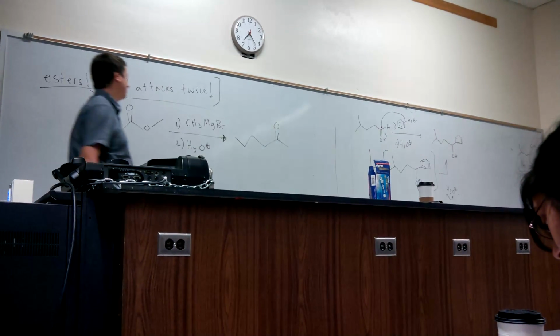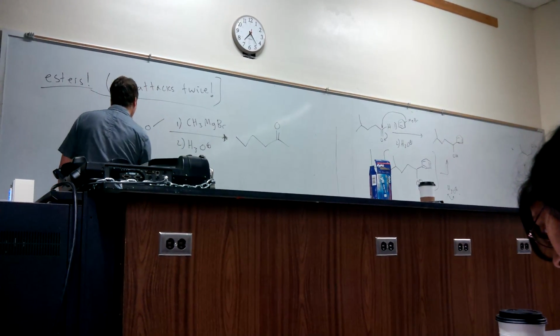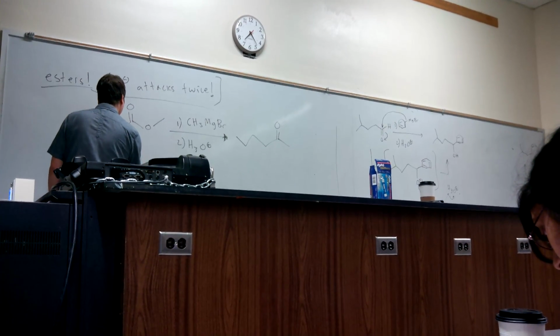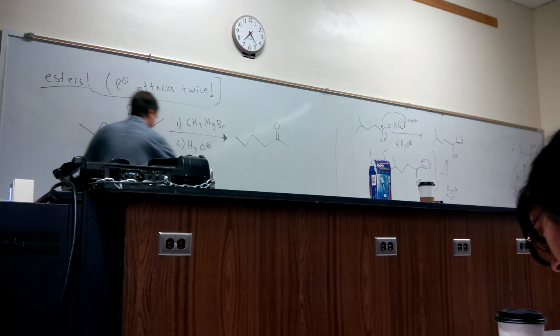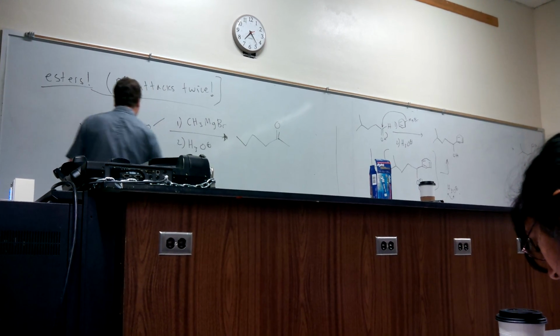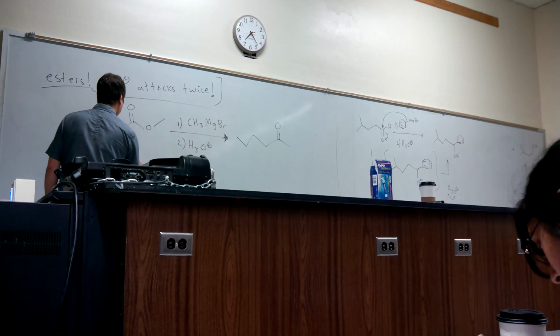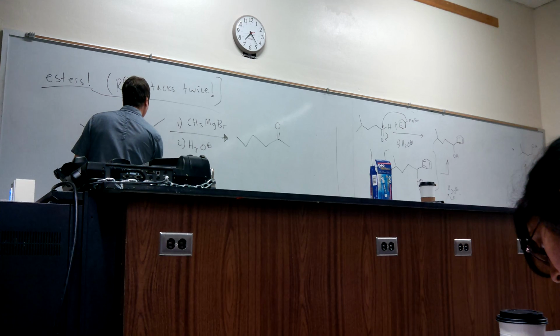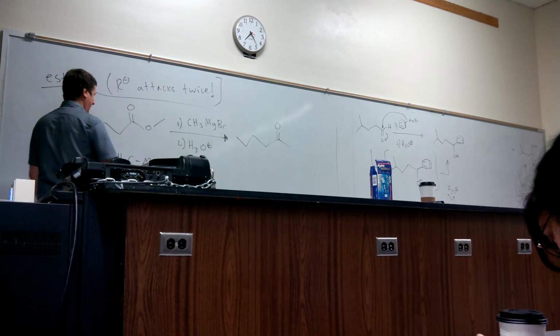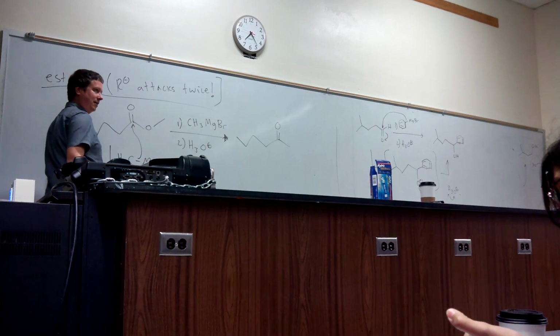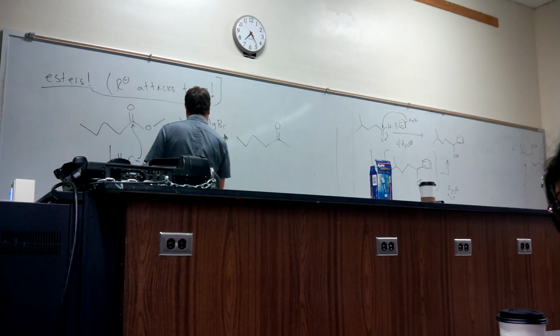And now this is another mechanism we're going to have to defer to later. It's not H minus. We're in CH3 minus, right? H3C MgBr. First step is essentially attack, and then details later.